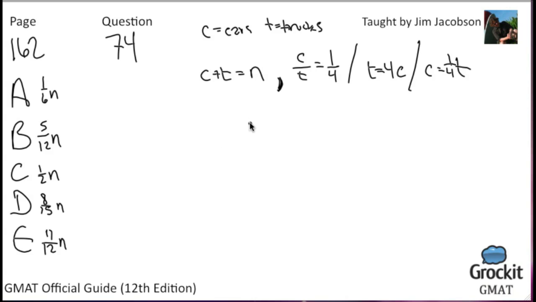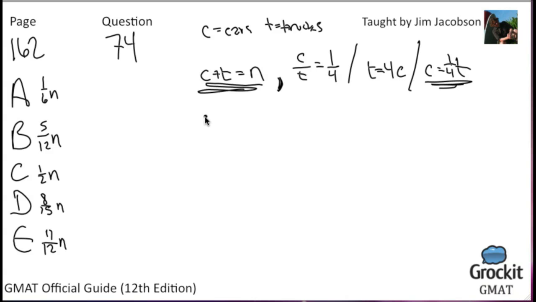From there, we need to figure all of this out in terms of T, because we have to figure out the 2/3 of the number of trucks that are pickup trucks. So we need the whole expression in terms of T. We're going to use this one here and replace C with something else.